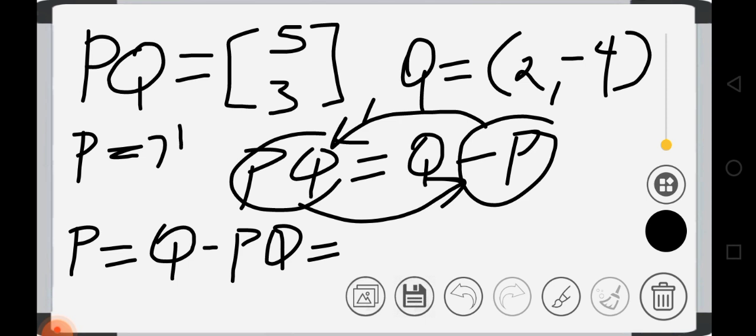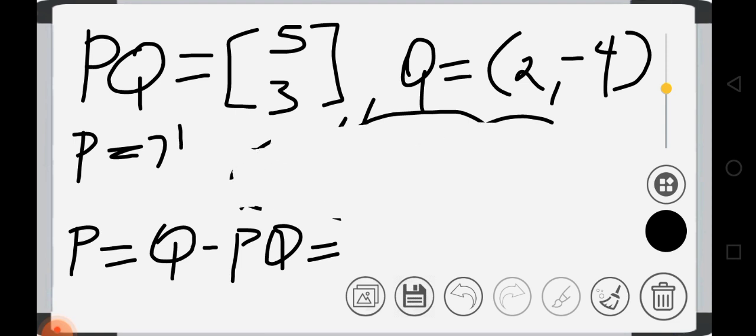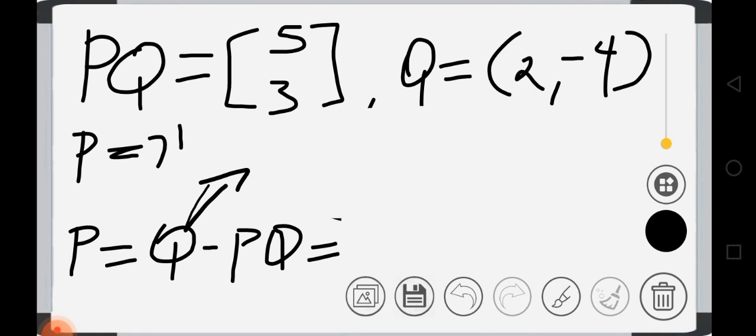Let me solve it here. That's Q first. So Q is what? Q is 2, minus 4, minus PQ.